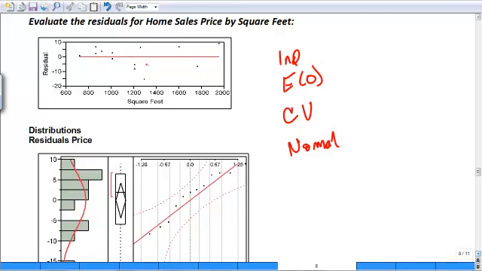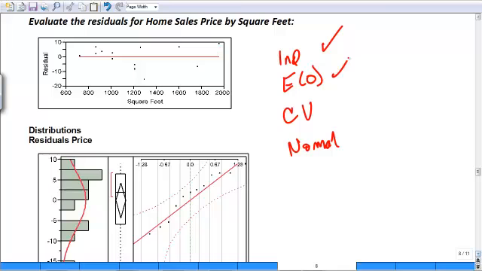No, the residuals don't show any patterns, so independence is met. Expected value of 0. Are the residuals evenly distributed above and below the line as you move from left to right? It looks like they are. I don't see any curves, any patterns left in the data. So I think we can say expected value is 0.